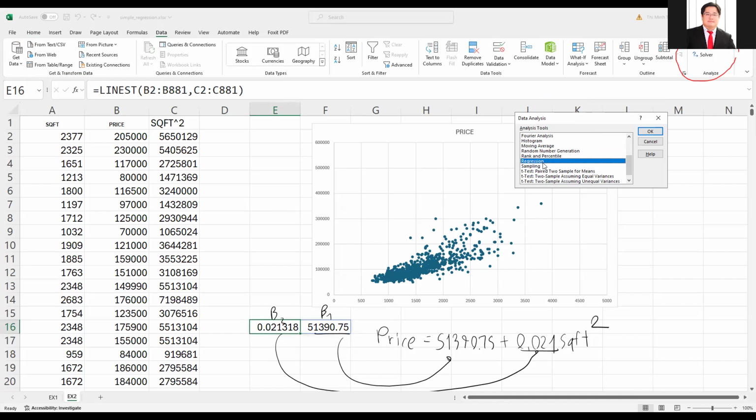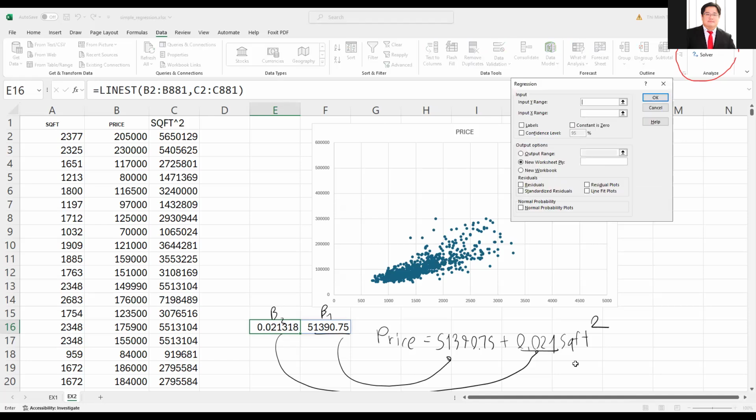Yes, good. Go to data. Okay, I think this method will become easier. So go to Regression. Then they would like you to input the Y range and the X range.